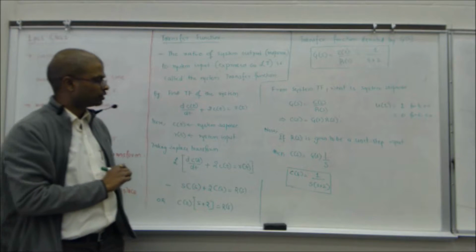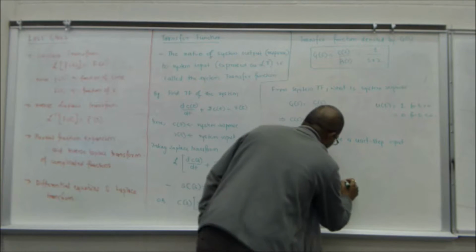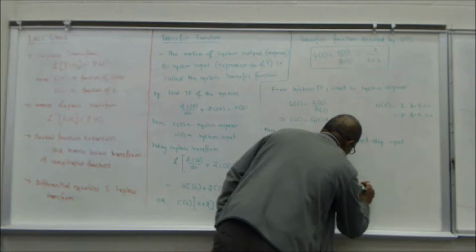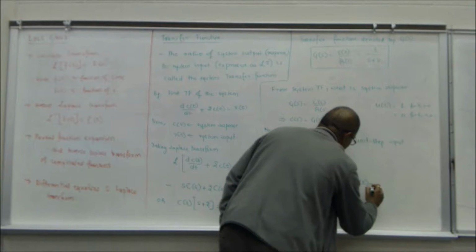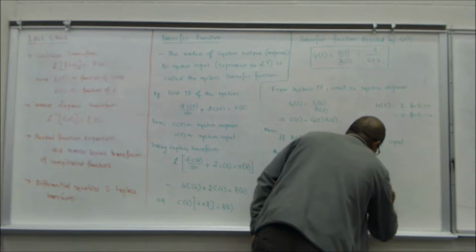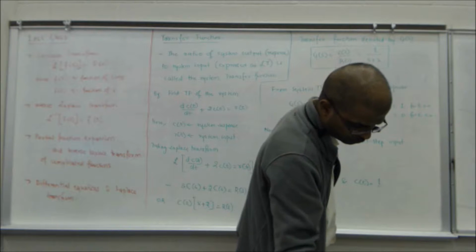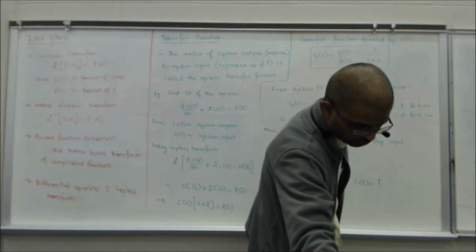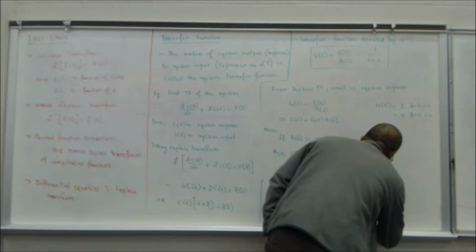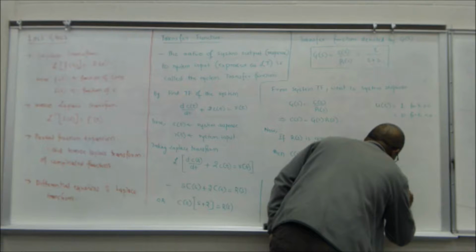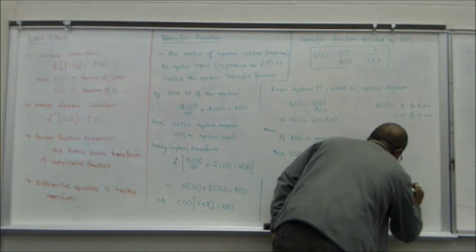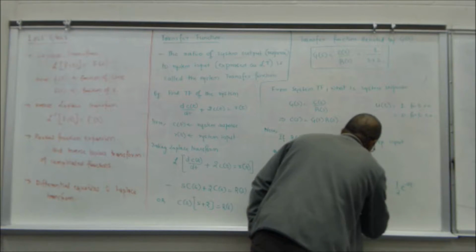Okay. And C of t is equal to 1 over 2 minus 1 over 2 e to the power of minus 2t.